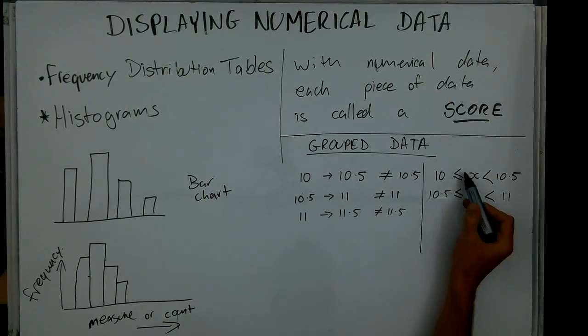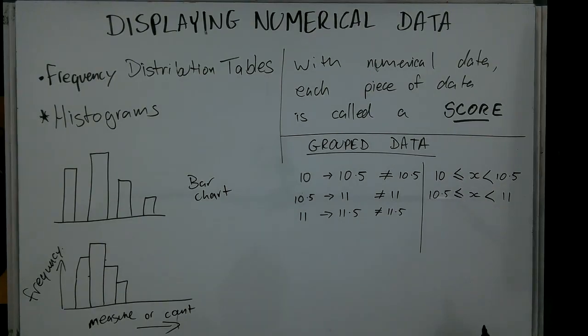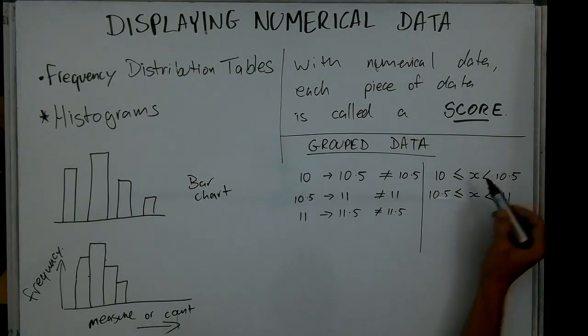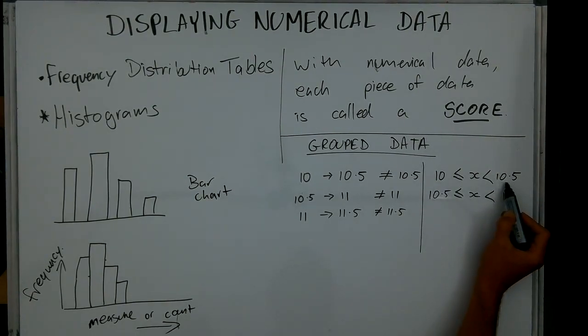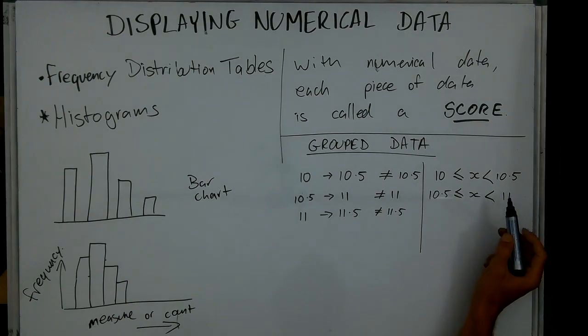This is using inequality signs, greater than, less than, and greater than or equal to, less than. Essentially this means x, that would be our score, is between 10 and 10.5. It's essentially the same thing.